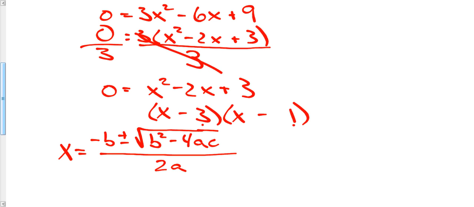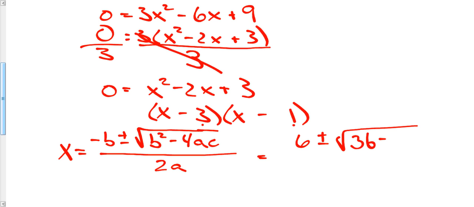So I'm plugging and chugging A's, B's, and C's in here. So this equals, well, negative 6. The opposite of that is positive 6, plus or minus square root of negative 6 squared is 36, minus 4 times 3 times 9.